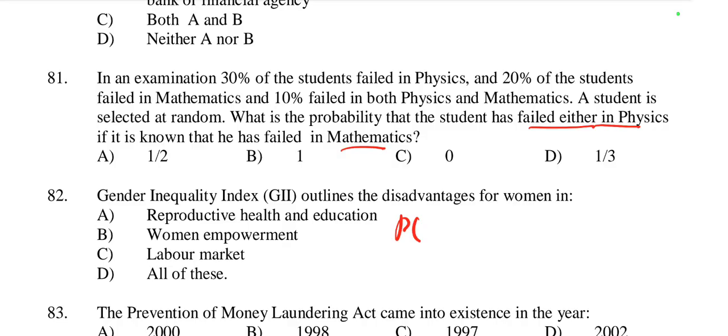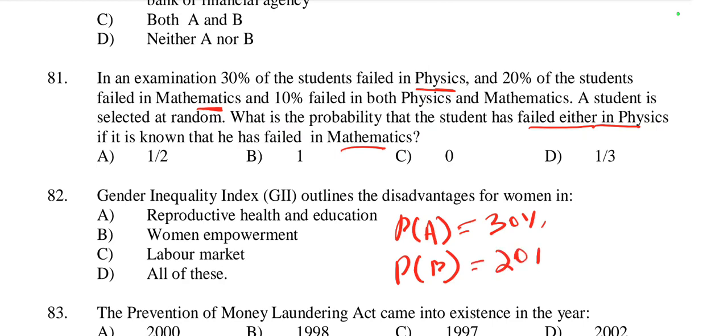Probability of physics, we can say A, is equal to 30%. Then probability of failing in mathematics, suppose that is B, is equal to 20%. Then 10% failed in both subjects, so probability of A intersection B is equal to 10%.